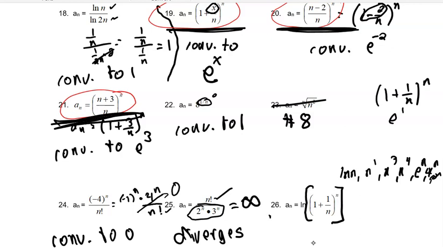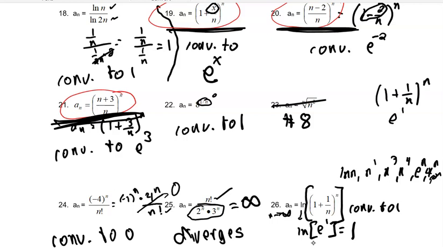What happens as n goes to infinity is this is going to become e to the first inside. And then we would have been taking the natural log of this, which is a 1. So we would say that this converges to 1.